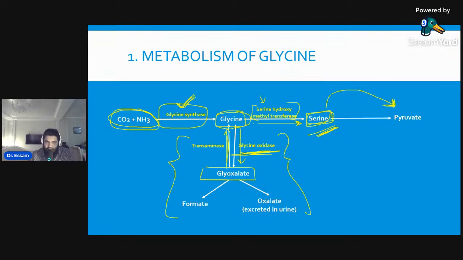But glyoxylate can also form glycine. Glyoxylate can convert back, in reverse, into glycine with the help of transaminase. So there's a downward reaction and this upward reaction. They both are occurring in our body.